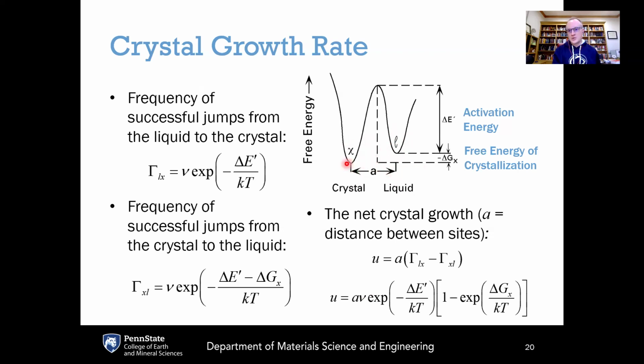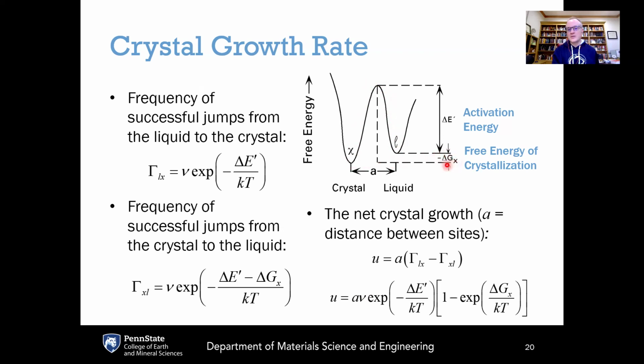Now, if we are at temperatures that are below the melting temperature, then we know that the free energy of the crystal is lower compared to the free energy of the liquid. And so there is a thermodynamic advantage for atoms to jump from this liquid location over this activation barrier and then get incorporated into the crystal.